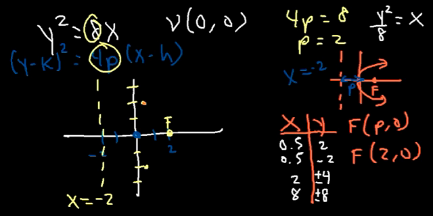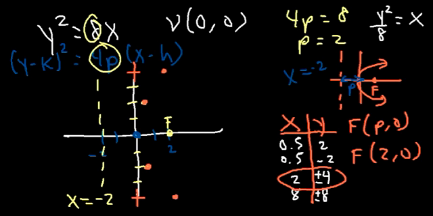Let me use a different color. The key is to choose the right points. You want to choose points where you get whole numbers, which 4 was the best example. When y is 4, x is 2. So that means it's over here. That's 2 comma 4 and 2 comma negative 4.